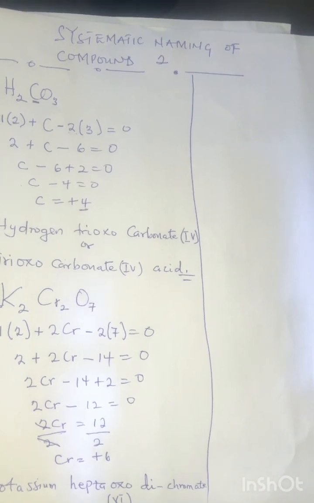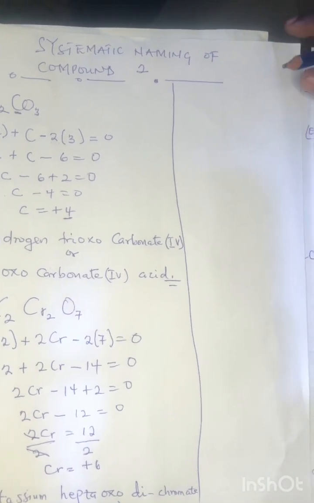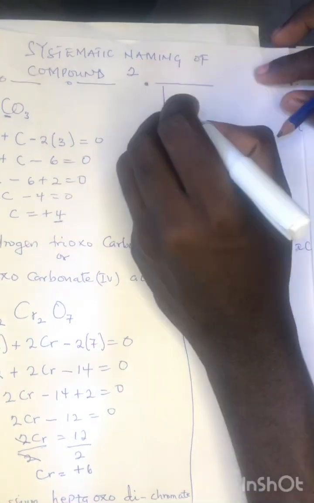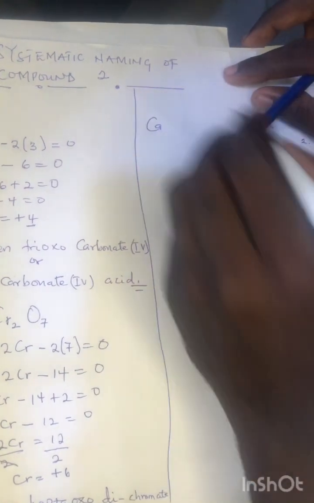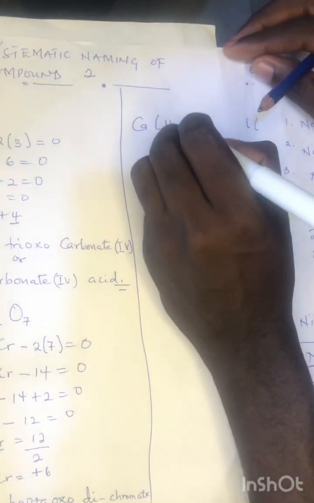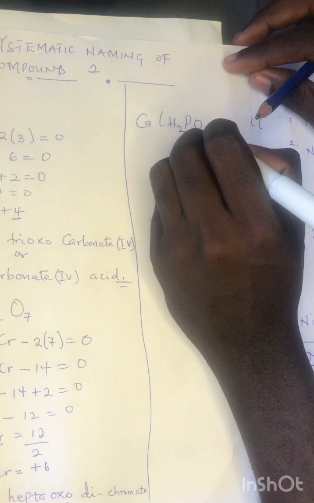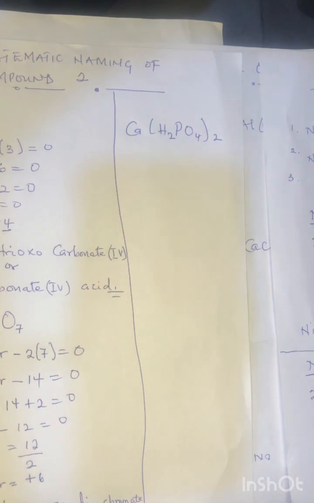Now let's look at another baffling one. So that one is Ca into brackets. Good. Okay, so this is what we are looking for.